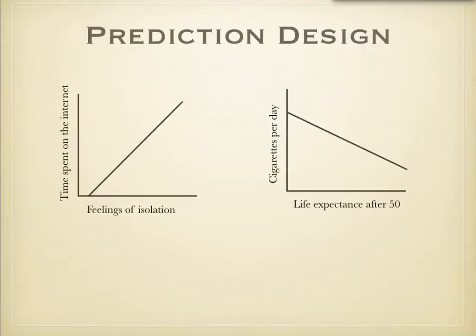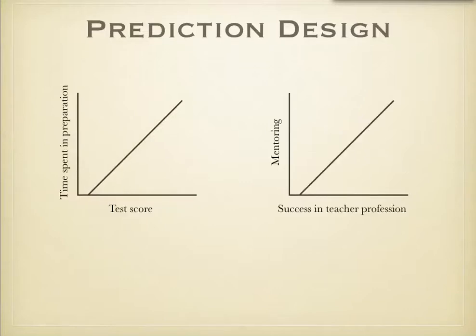Notice on the line on the left that the line goes up. The feelings of isolation go up the more time you spend on the internet. And on the right-hand side, we know that life expectancy goes down. Even though the relationship in the first case is positive, where a change in one increases the other variable, the second is still a correlation, even though the change in one causes a decrease in the other variable.